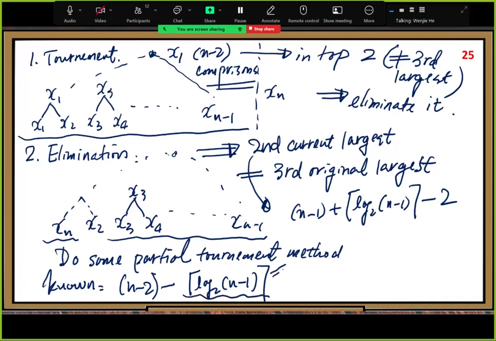So the comparisons with x1 involved are this many.